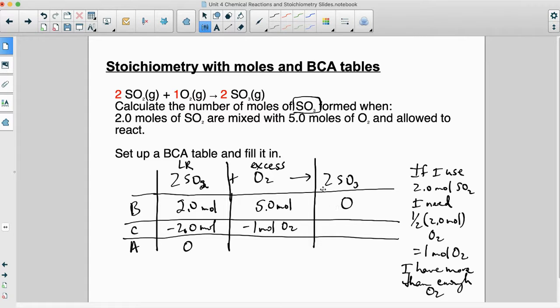I know that these coefficients are the same, so I should produce the same amount that I used for the SO2. So plus 2.0 moles here. So I'm going to get 4 moles of O2 left over, and I'm going to produce 2.0 moles of SO3.